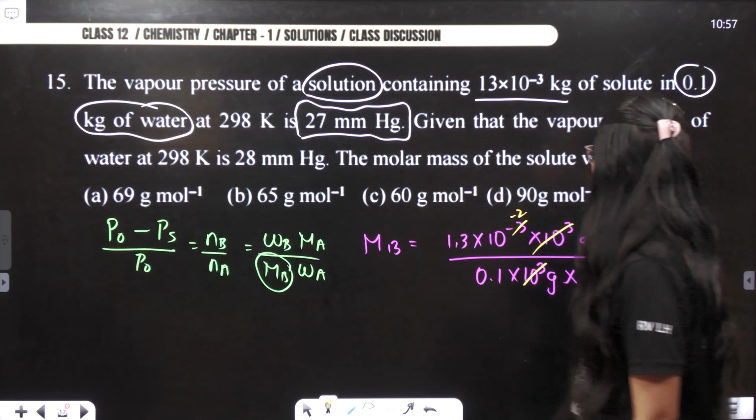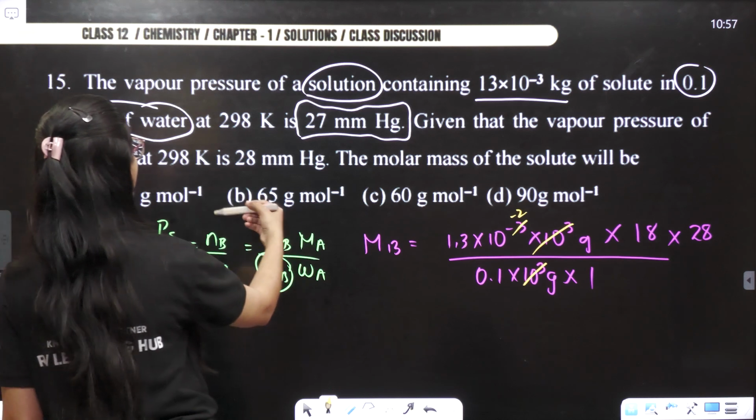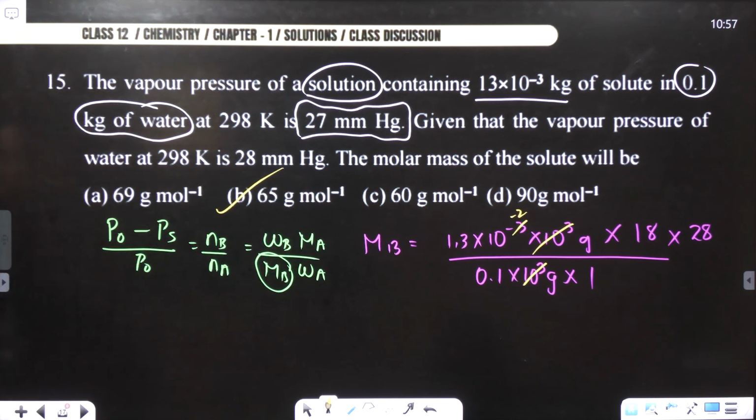So what will be the value of 1.3 into 18 into 28 into 10 raised to minus 2? It will give you 65 grams per mole.